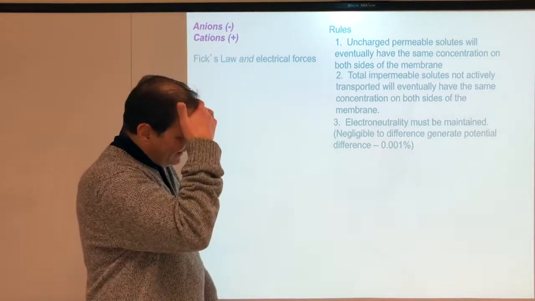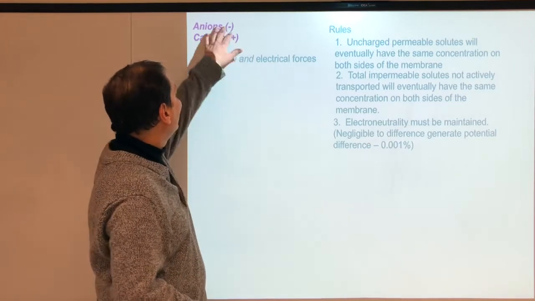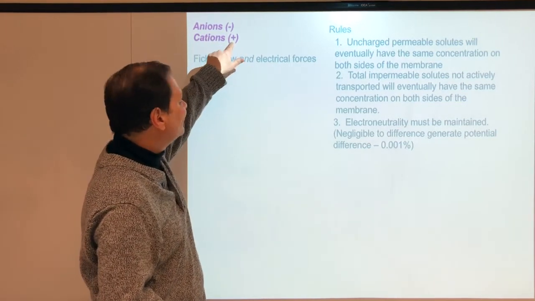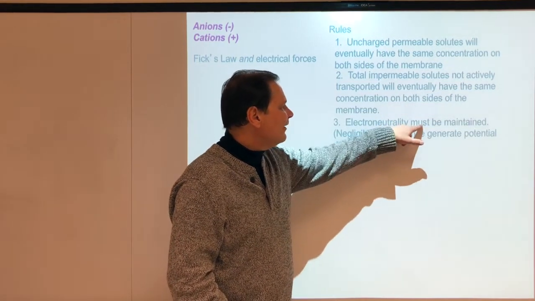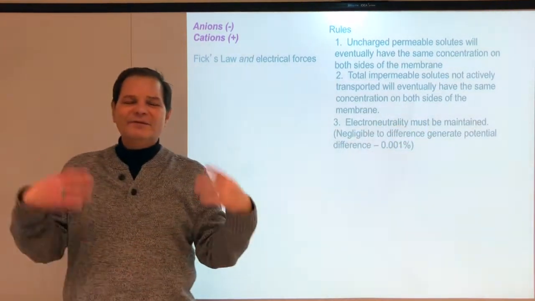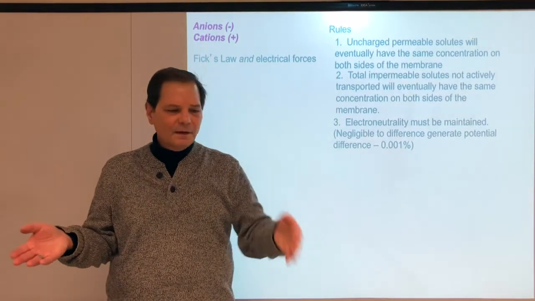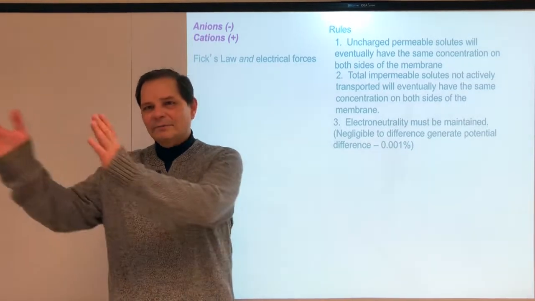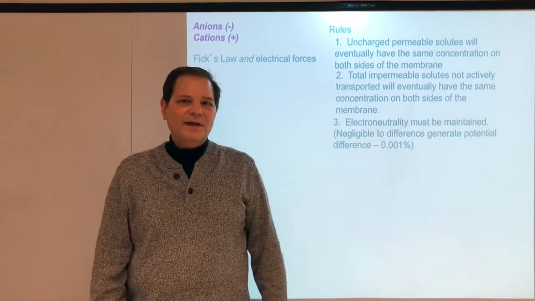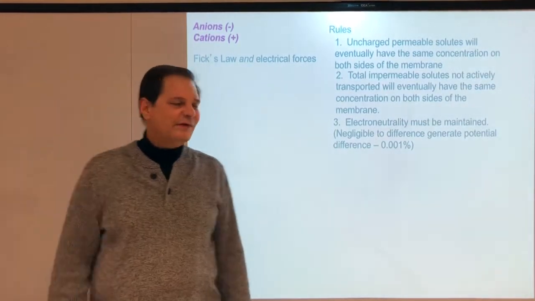And then finally we have one specific to the anions and cations, negatively and positively charged substances. Electroneutrality must be maintained. That is, you have the same concentration of positive charges and negative charges inside the cell and outside the cell. They have to add up to a net charge of 0.